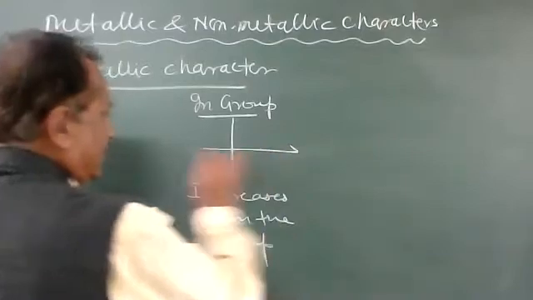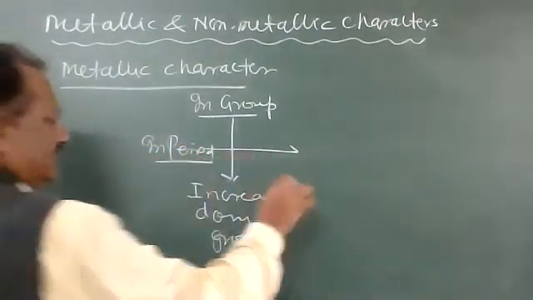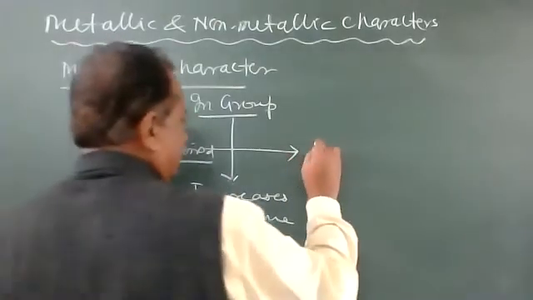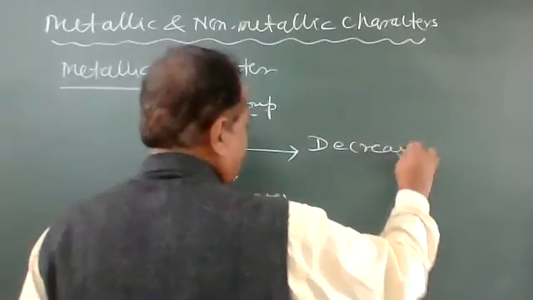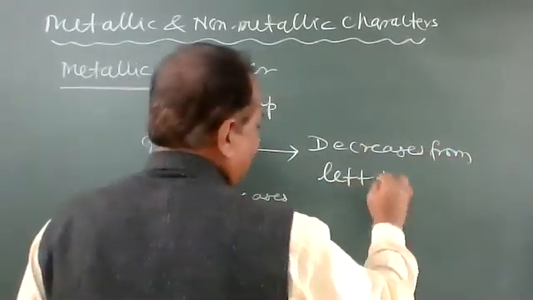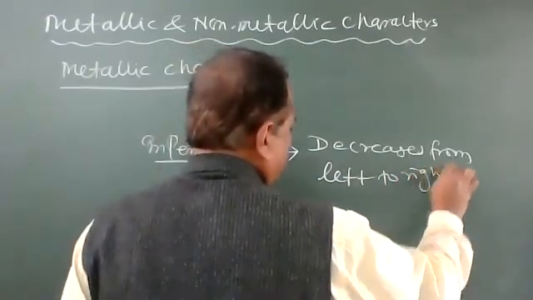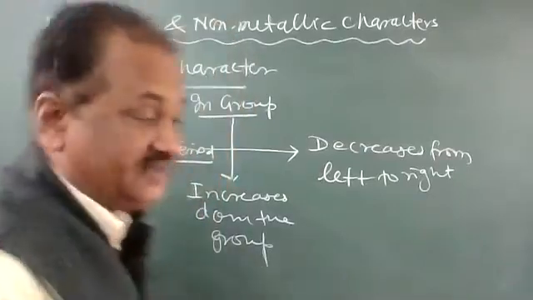Now in a period, it decreases from left to right. So this is about the metallic character.